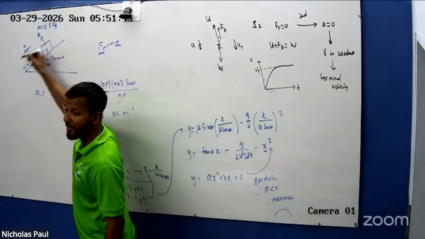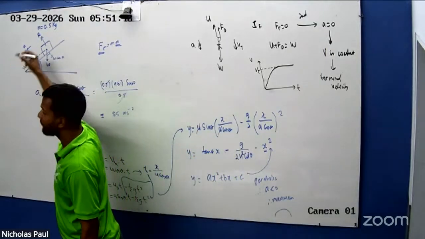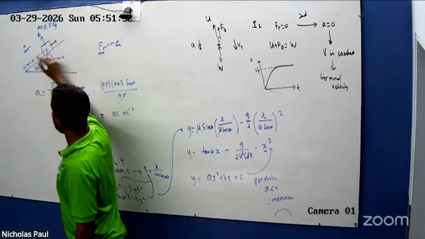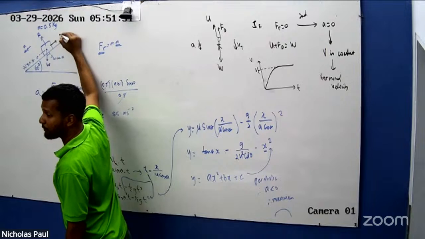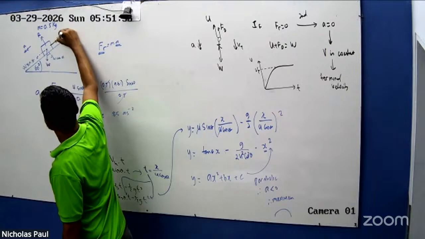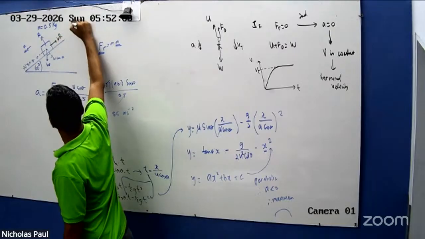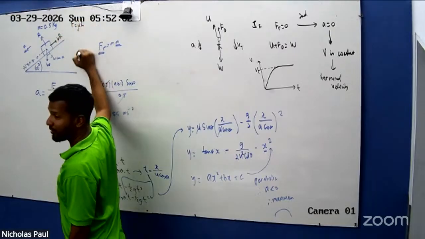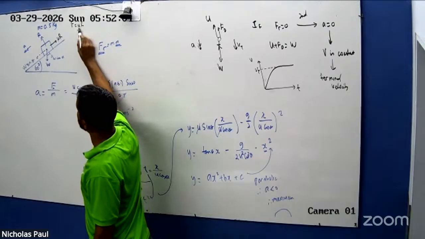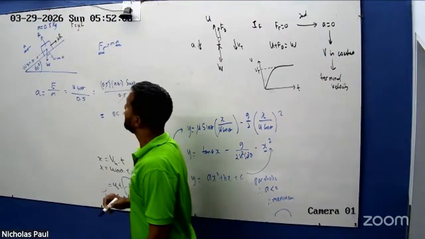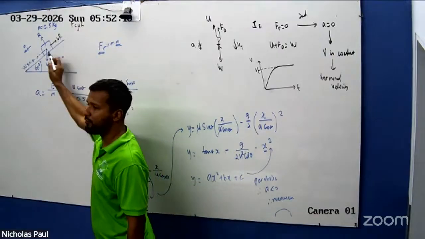If it's sliding down, friction is along the plane, upwards along the plane. Friction is mu R. You all remember that? Friction is mu R, the coefficient of friction times R. So, Naveen, what would have been the resultant force then?